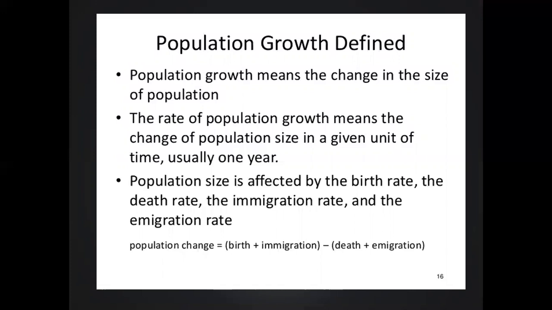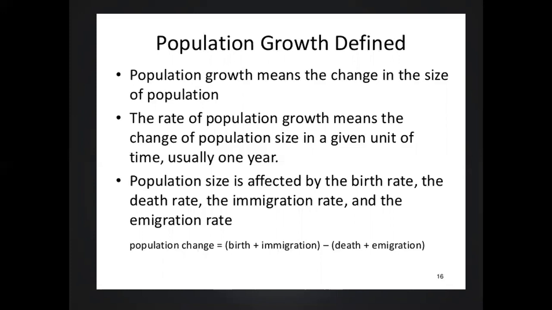Population growth means the change in population size. The rate of population growth means the change of population size in a given unit of time, usually 1 year.